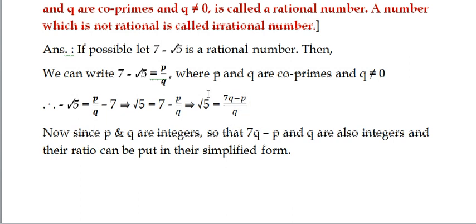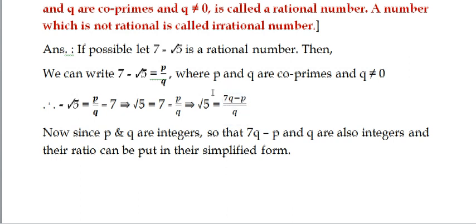Since p and q are integers, as per our consideration, this is a rational number, and we considered p and q as co-primes, which applies only to integers. So 7q minus p and q are both integers, and their ratio can be put in simplified form.